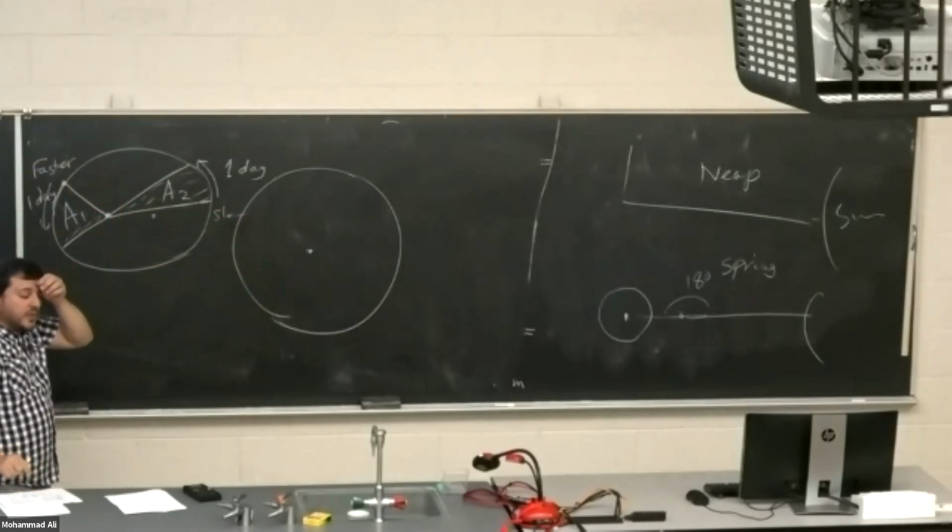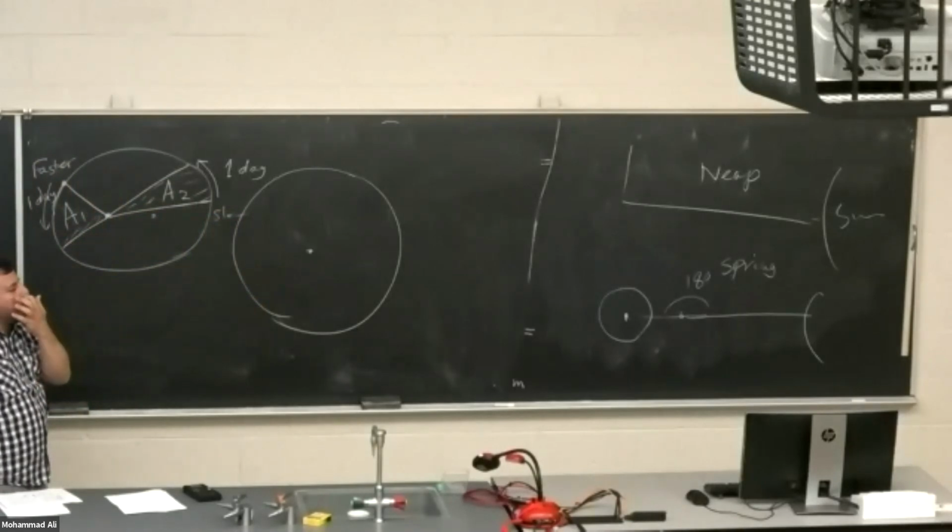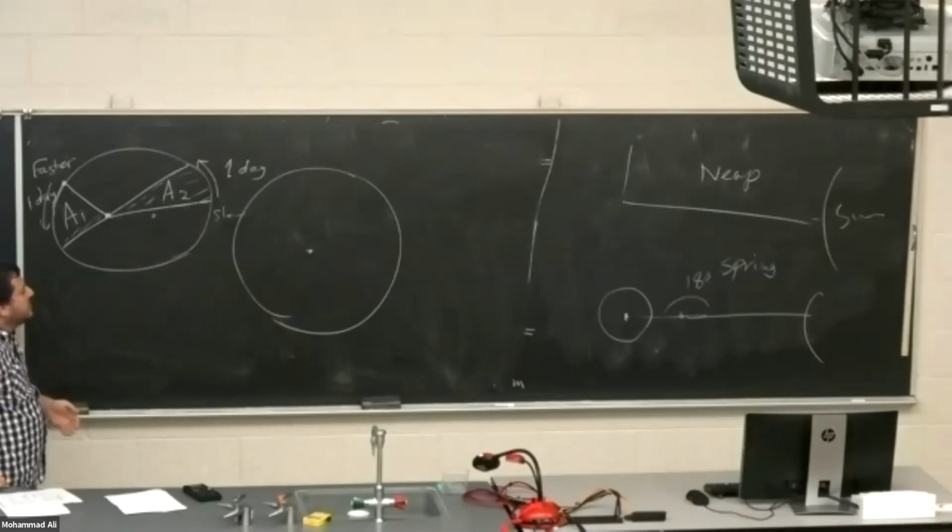For example, for Pluto, I think the period is more than 200 years. Some planets have 10 years, 15 years, and so on. No, I think Pluto is 80 or 81 years. Okay, this is the second law.